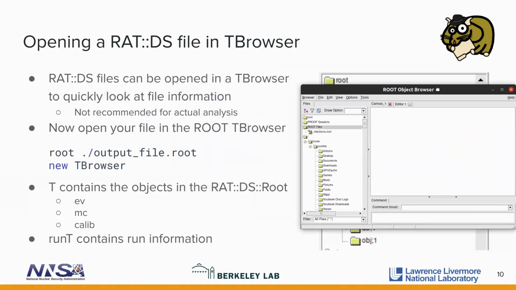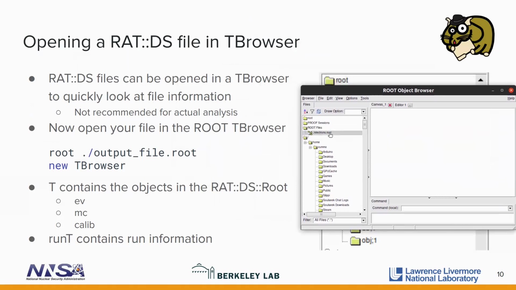And so you can see here that the ROOT file has exactly the objects in it: this TTree contains the DS object, and the DS object contains the MC, cal and EV objects under it as well.